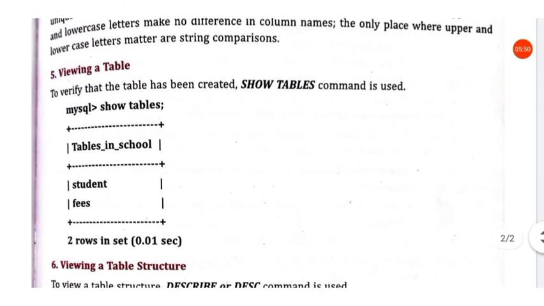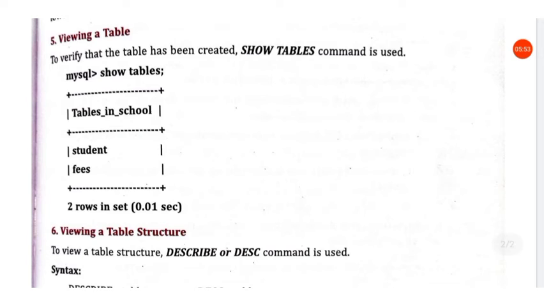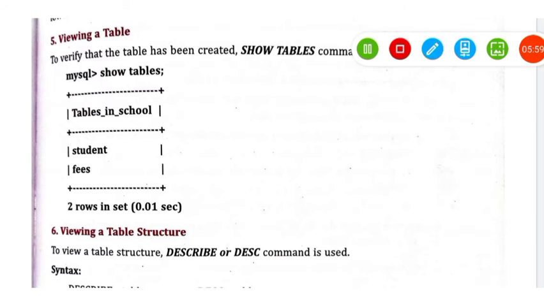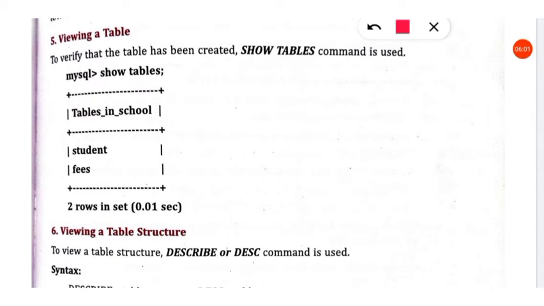Then after creating the table, we can see which tables are present in our database. For that, we have a command called show tables. We had a command called show databases to see how many databases are present in our computer.